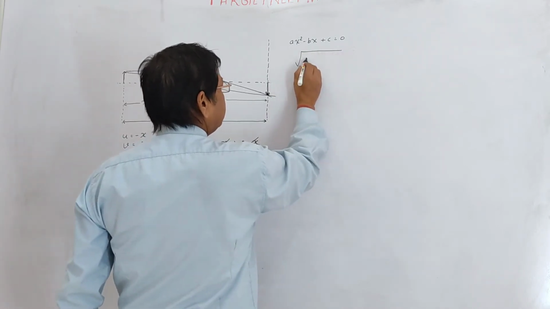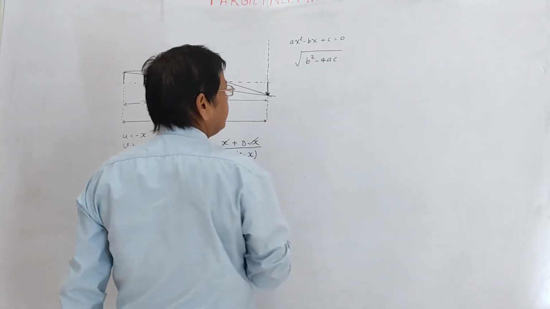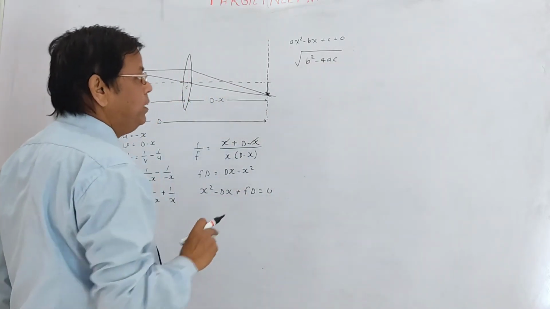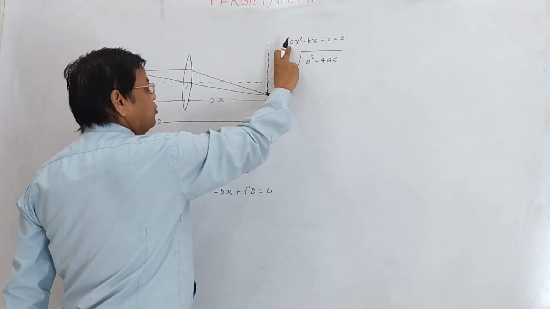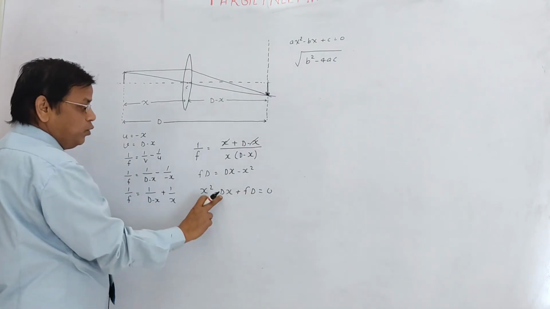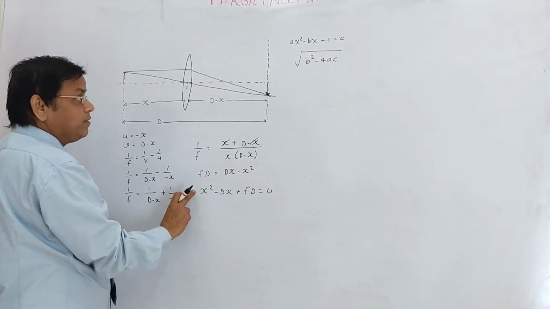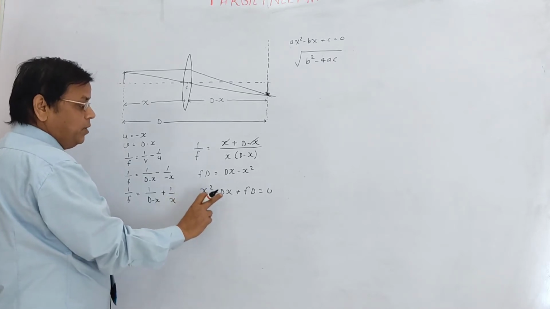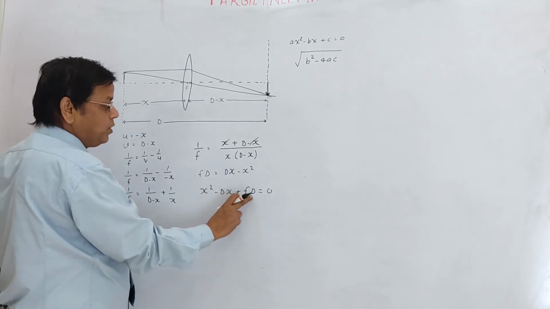It is b square minus 4ac. This is called the discriminant. b is the coefficient of x, a is the coefficient of x square, and c is this constant. So in place of a we have to write 1, in place of b we have to write d, and in place of c we have to write this.